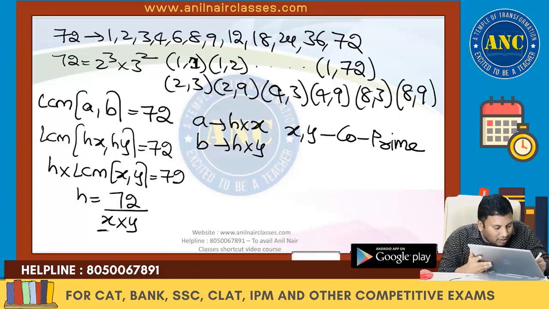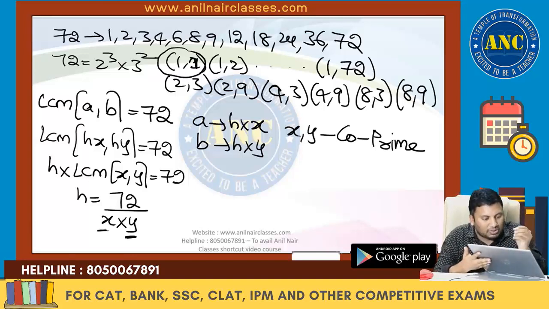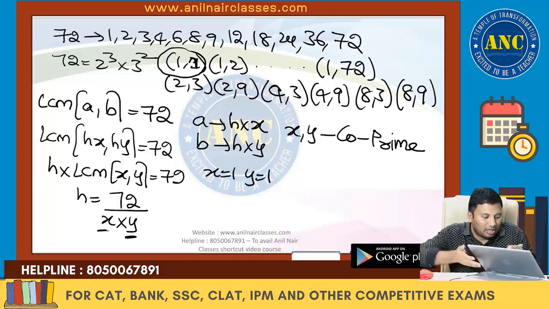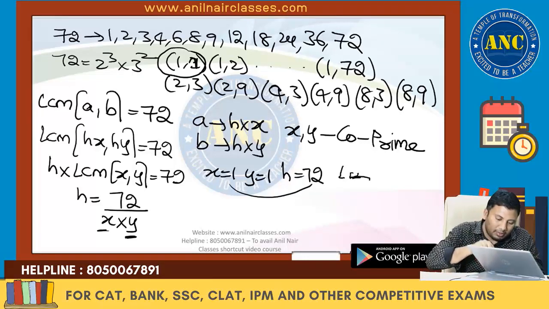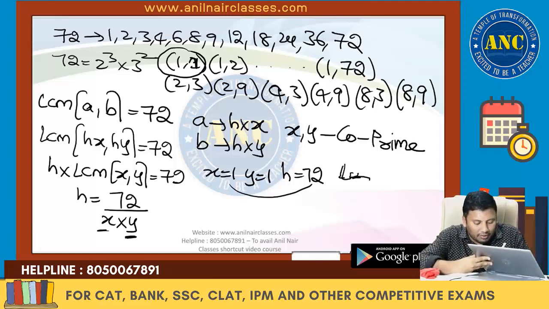What are X and Y? Coprime to each other. Let me take the first coprime set, 1 and 1. X is 1, Y is 1. H will be 72. The number is LCM of 72 comma 72, which is going to be 72.